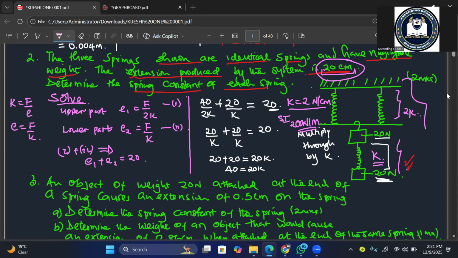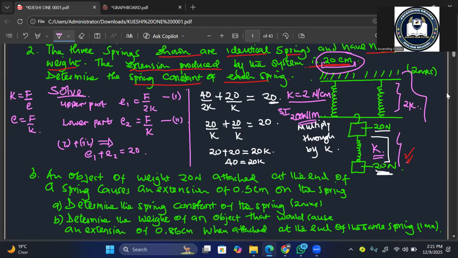As you copy, you can also start copying our question 3. So you copy together with question 3.